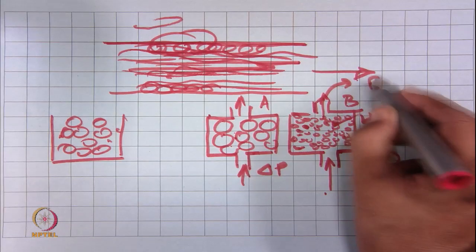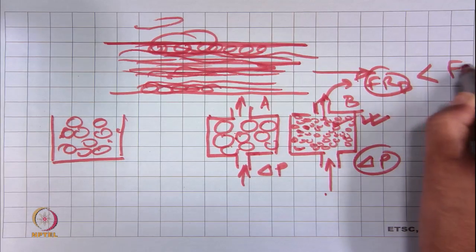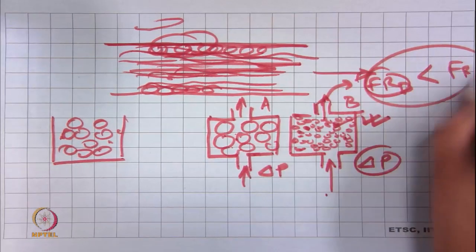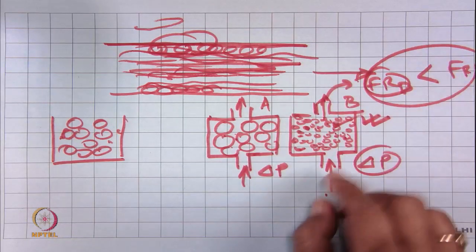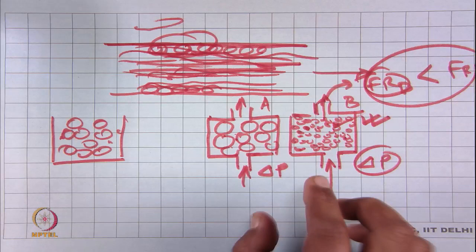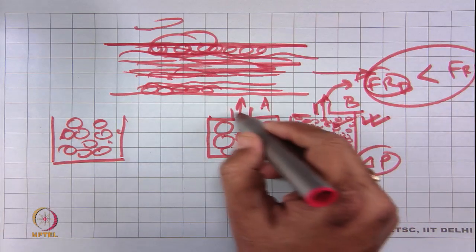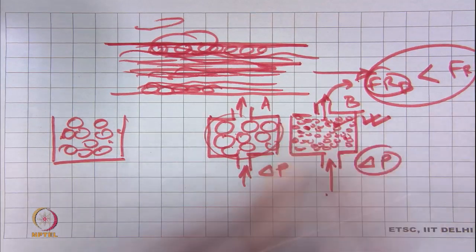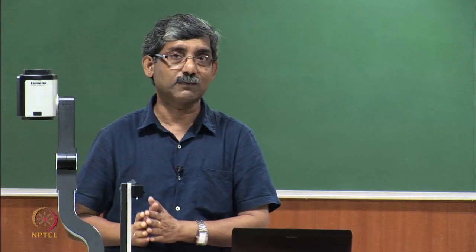The flow rate will be lower in B than the flow rate of A. So, that is how we measure here. We measure the flow rate for the same pressure drop. So, indirectly we measure the specific surface area, and we are not actually measuring the specific surface area.